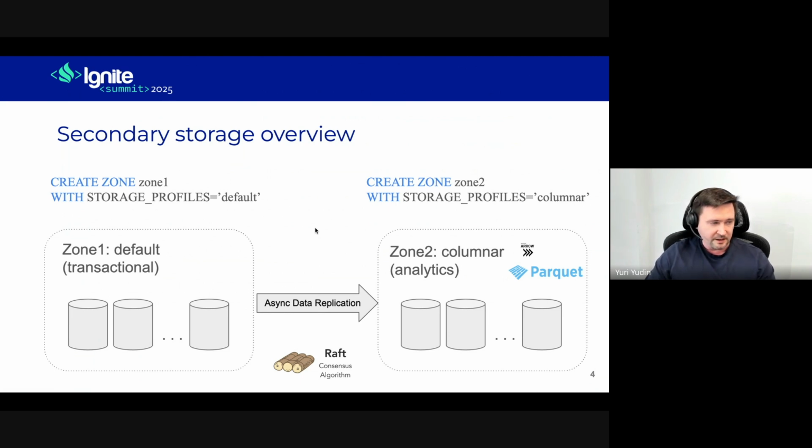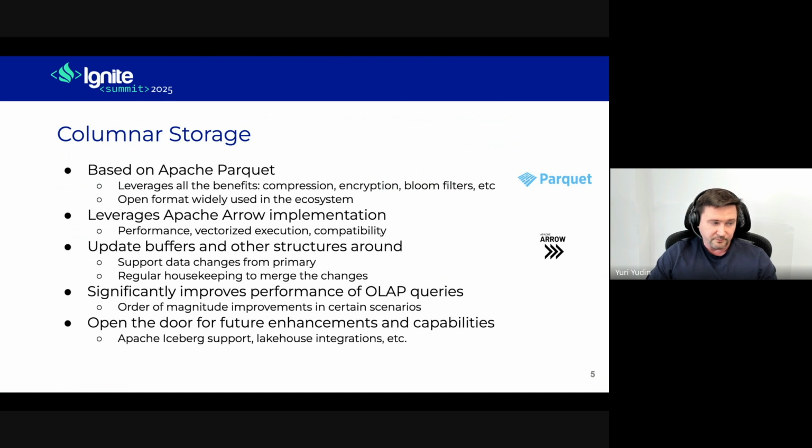So now let's see how the columnar store works and what it is. As the name already hints, it is using a different format for the data than our standard key-value store. And it is columnar.